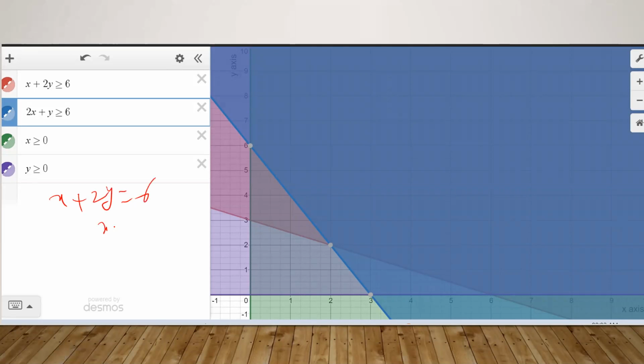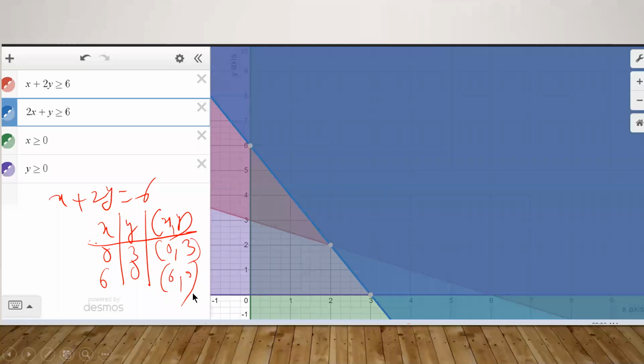How will you draw this line? You will put the value of x equal to 0 and find the corresponding value of y. When you put x equal to 0, you will get 2y equal to 6, and so y is equal to 3. So the point will be (0, 3). Similarly, when you put y equal to 0, you will get x equal to 6. So you will get 2 points on the line, (0, 3) and (6, 0).